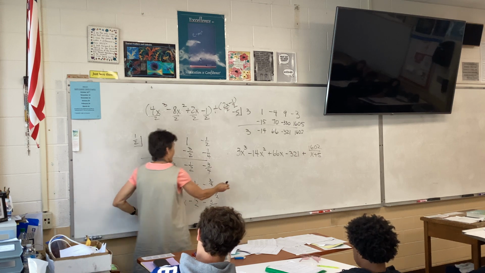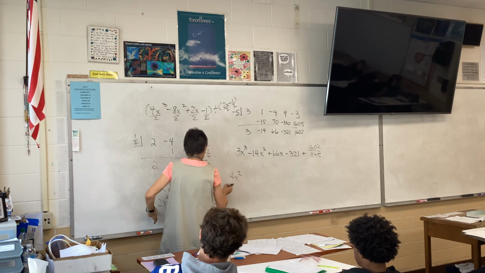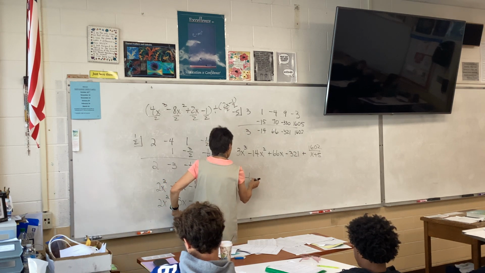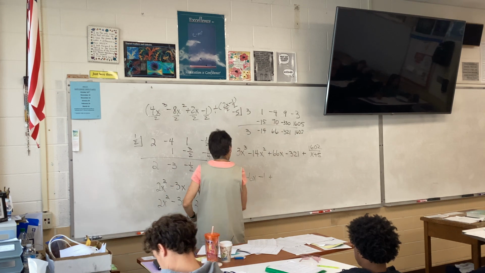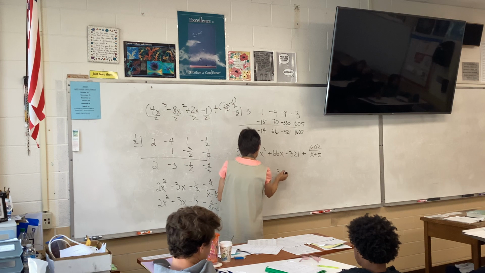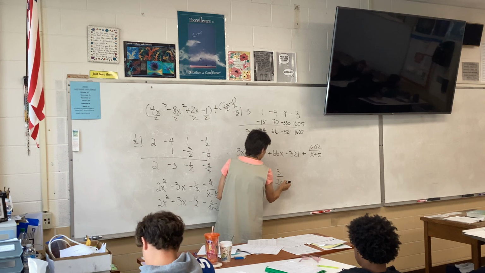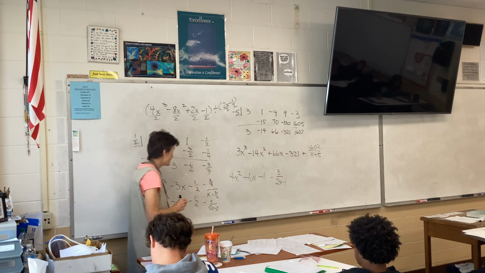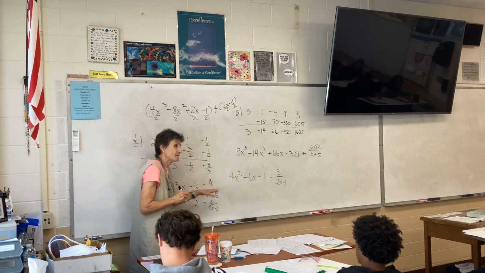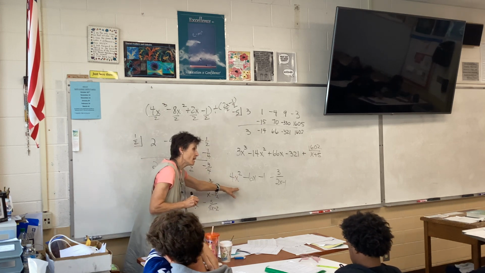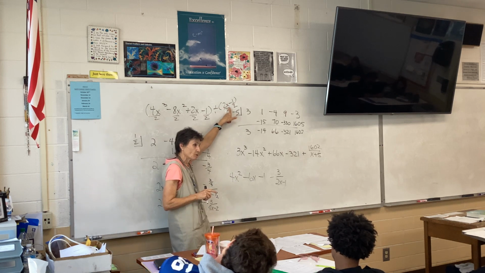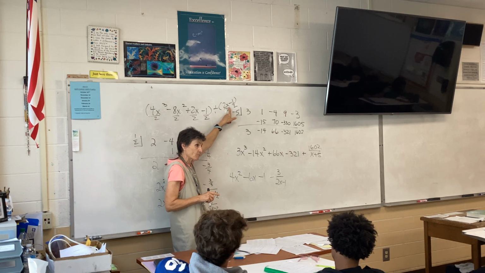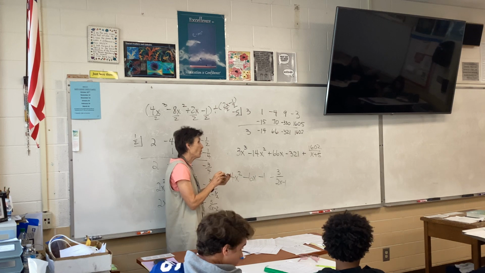So if I did that, I'm going to get 4x squared minus 6x minus 1, minus 3 over 2x minus 1. Now, either one of these is fine, but that one looks better because it's giving you the original divisor back again for your root.